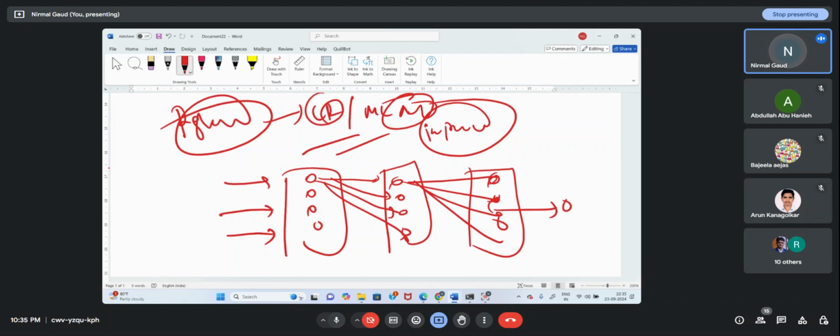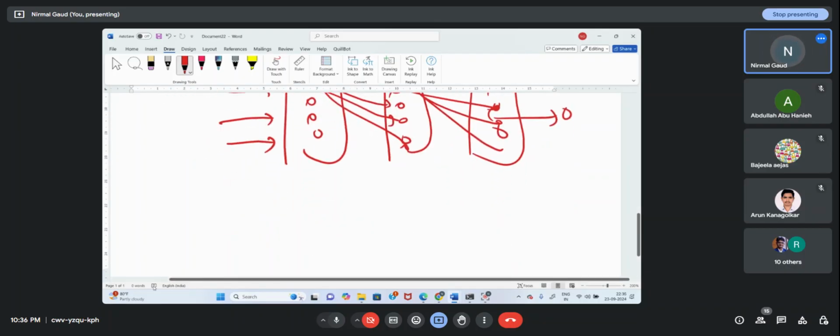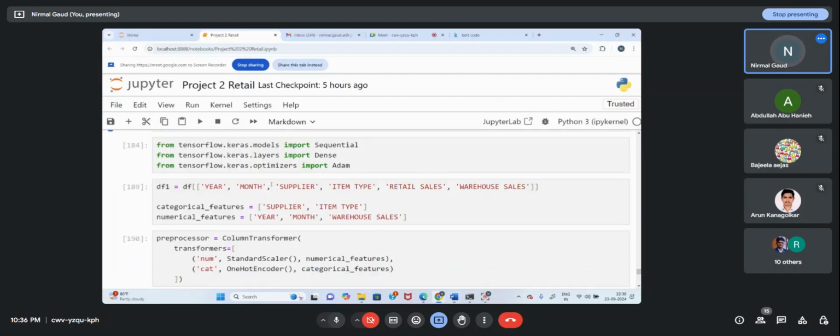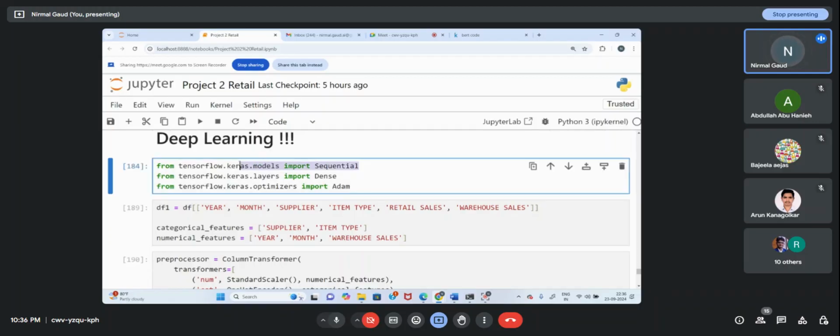So I think this is a better approach, deep learning, rather than machine learning regression. What I did is I took a sequential model, dense layer, optimizer as Adam. The framework I'm taking here is TensorFlow. TensorFlow is a deep learning framework.